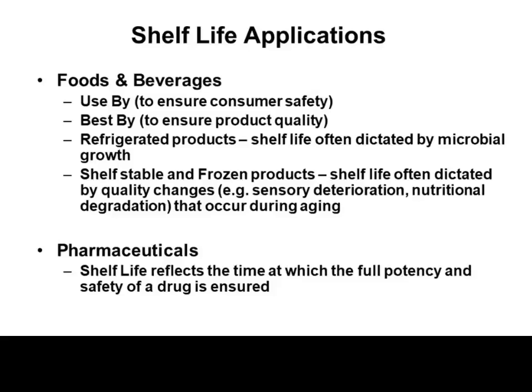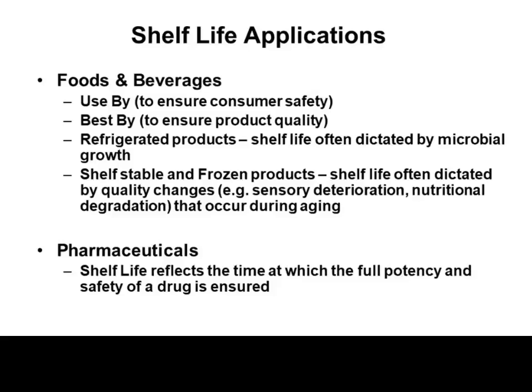And that's certainly true of shelf-stable products like canned goods and frozen products. Usually, those will have a pretty long shelf life, but there may be changes in sensory issues or nutritional degradation, those kinds of things.